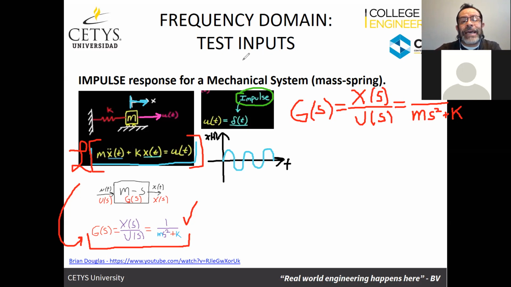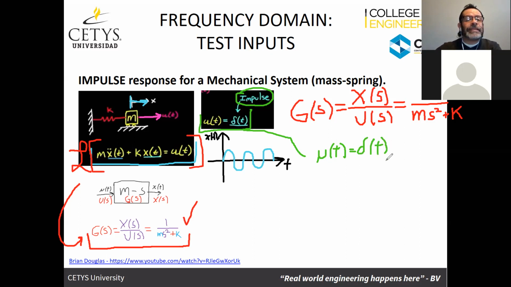Now, for this example, we are going to say that u of t, which is basically the input, is equal to the Dirac delta. Now, I have U of s here, so I'm going to bring this over here and say that u of t, the input again, is equal to the impulse function, which is the Dirac delta.